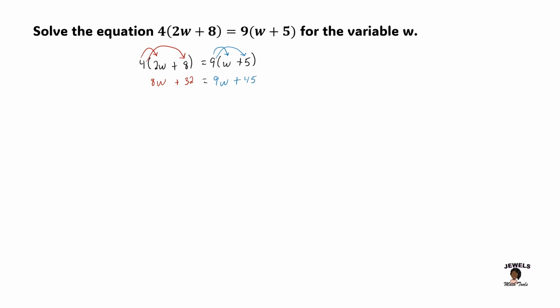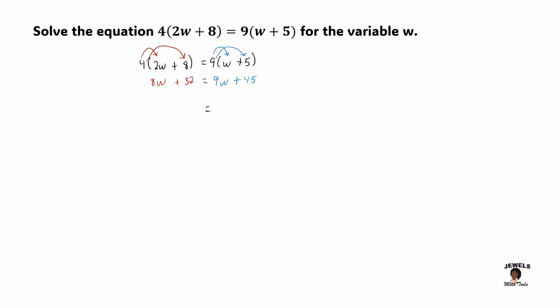So now that both parentheses on both the left and the right-hand side of our equation have been simplified, we're now going to move into collecting our like terms. So what I'm going to do is move my 9w over to my 8w.